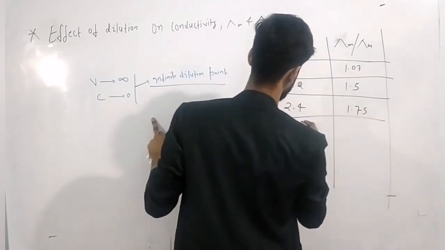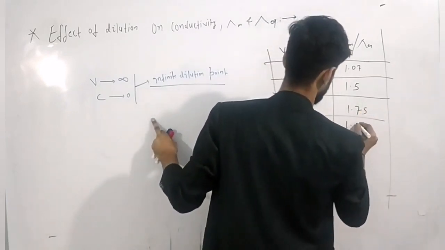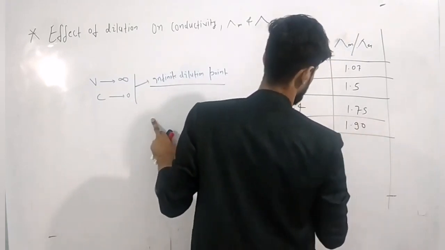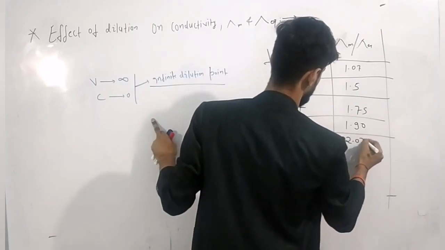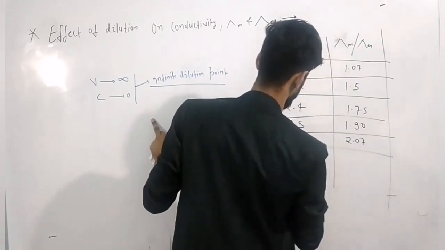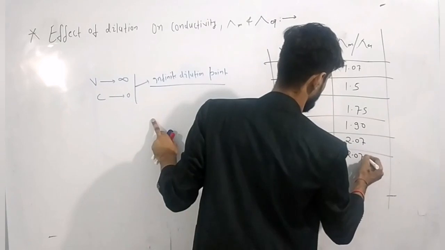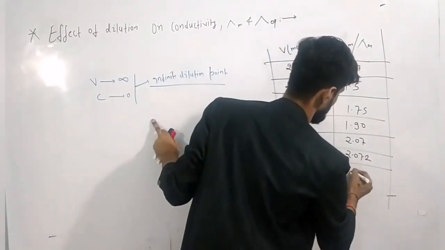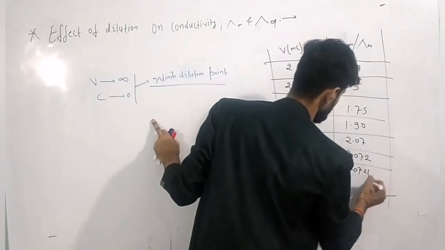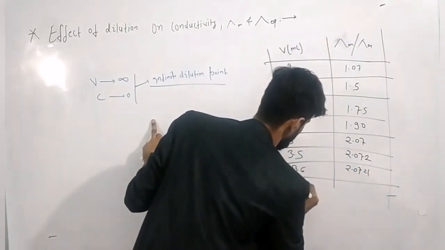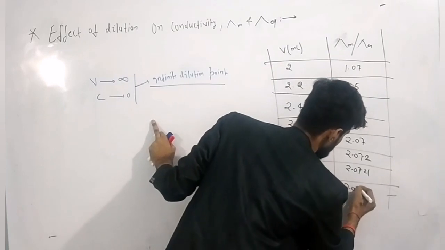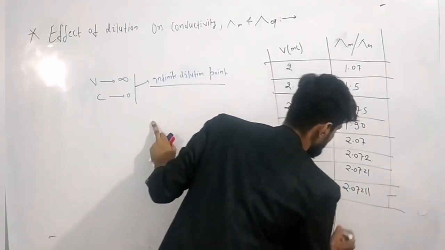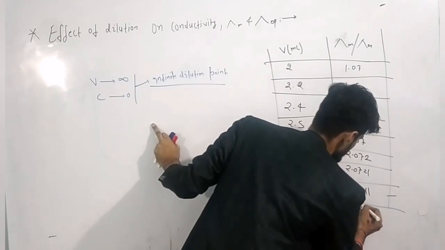At volume 2.5, kappa molar is 1.90. At volume 3, kappa molar becomes 2.07. At volume 3.5, 2.072. At volume 3.6, 2.0721. At volume 3.8, 2.07211.